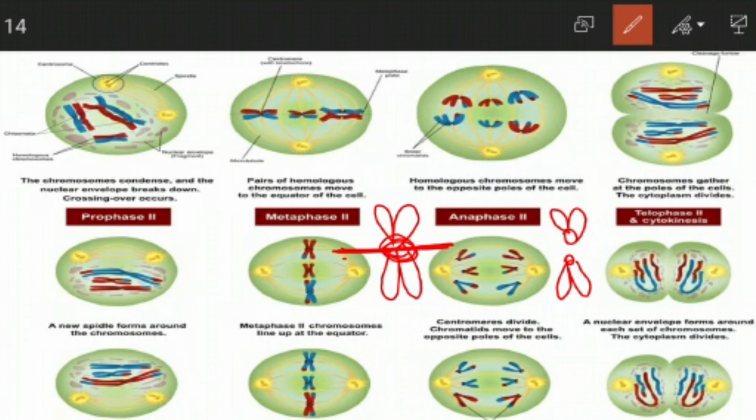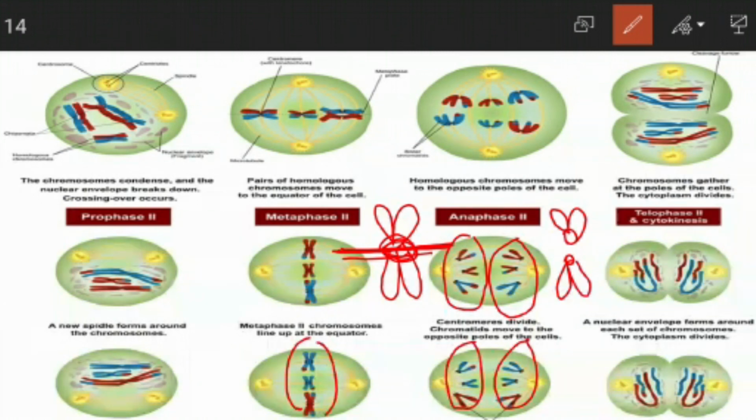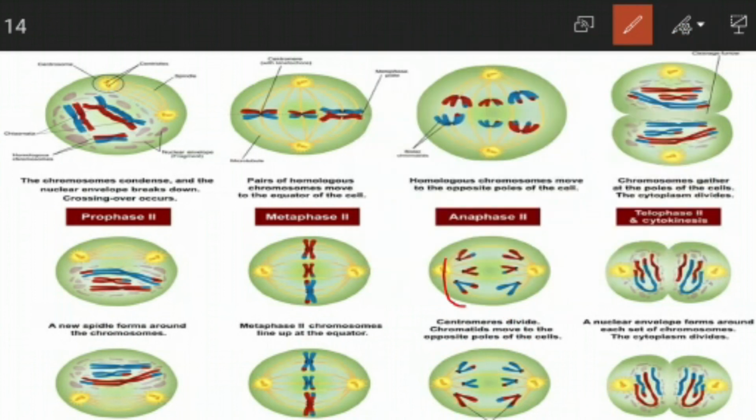Here, if 3 chromosomes are there, they divide and result in the formation of 6 daughter chromosomes. The same thing is happening in the other cell also: from 3 chromosomes, 6 daughter chromosomes are formed. Because of continuous contraction and relaxation of chromosomal fiber, half the number of chromosomes get pulled towards one pole and half towards the other pole. This is happening in anaphase.